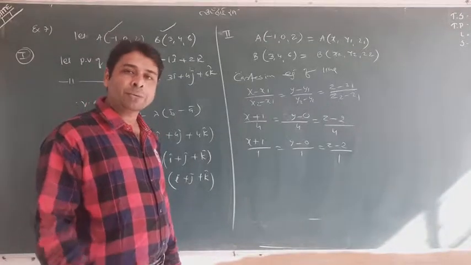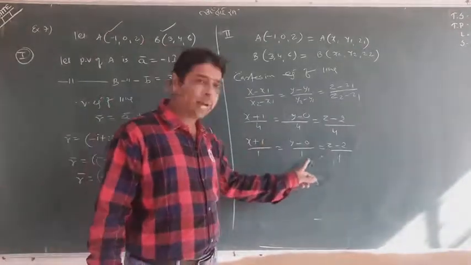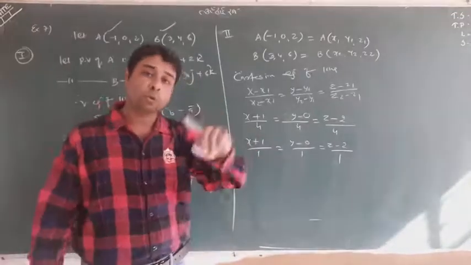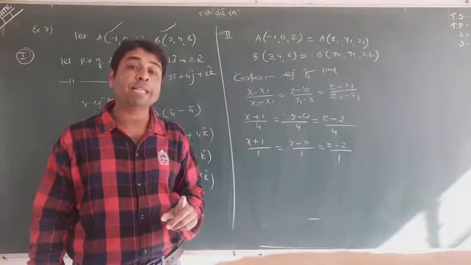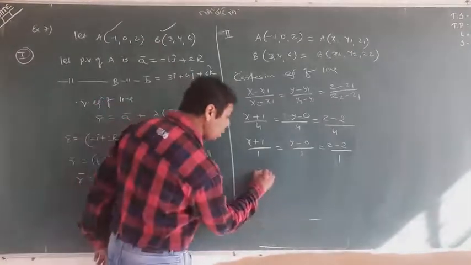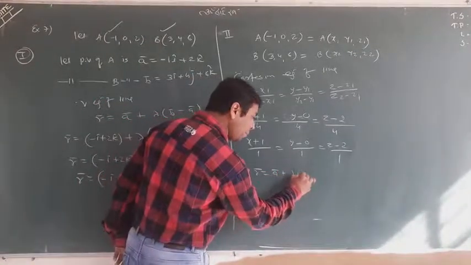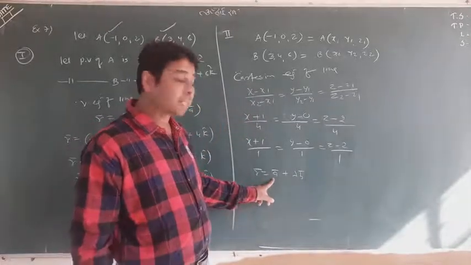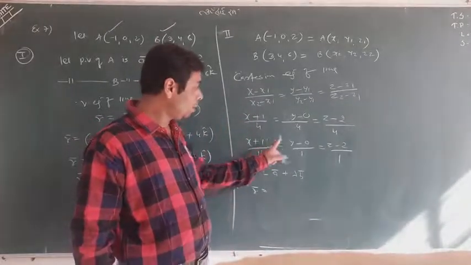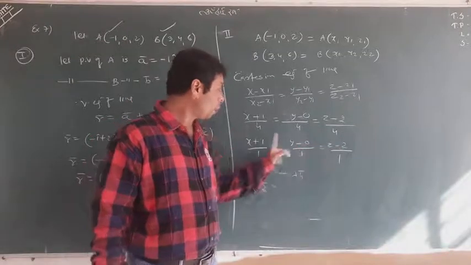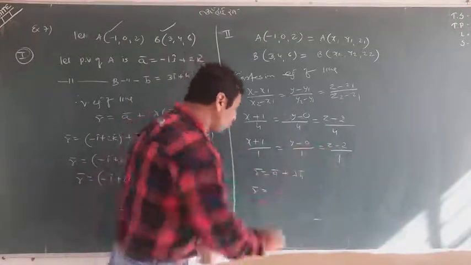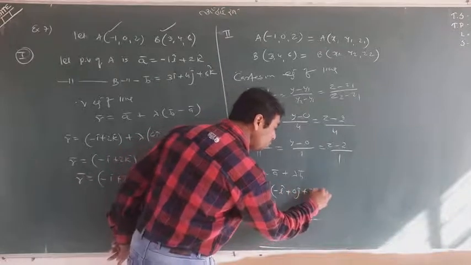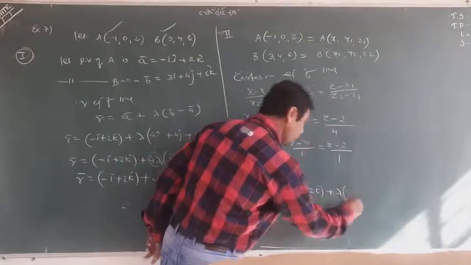So what is the vector form? You don't need to remember this one initially, but the first form you should remember is r = a + lambda b. What is a? The point through which the line passes: -1, 0, 2, so write -i + 0j + 2k.